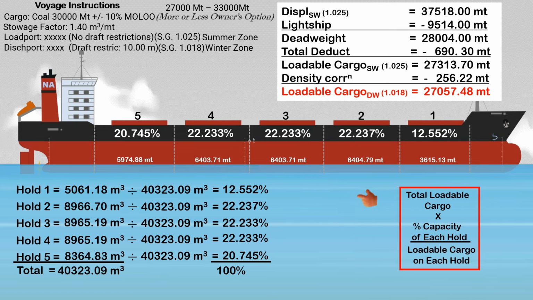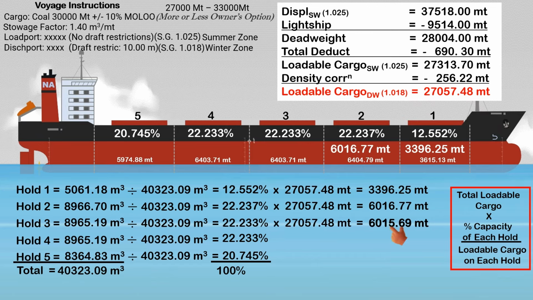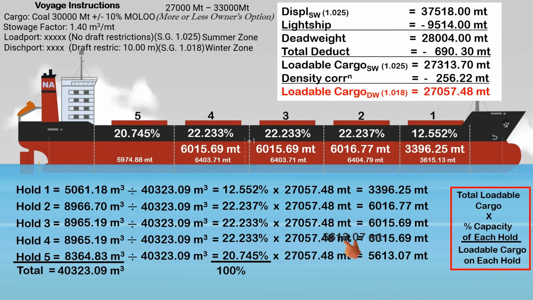So the loadable cargo for hold number 1 is 3,396.25 metric tons. For hold number 2, 6,016.77 metric tons. For hold number 3, 6,015.69 metric tons, so as with hold number 4. And for hold number 5, 5,613.07 metric tons.